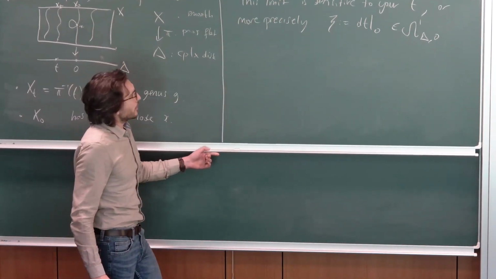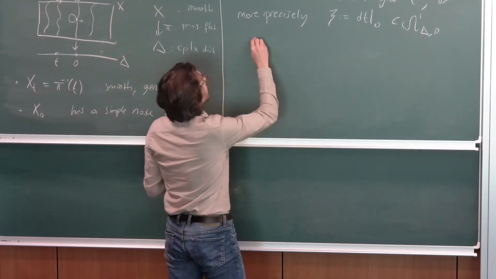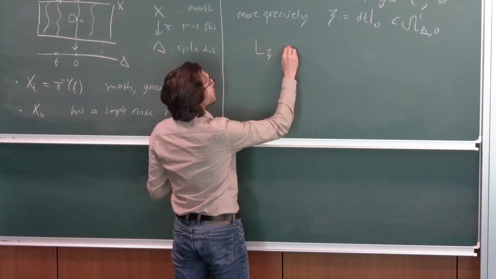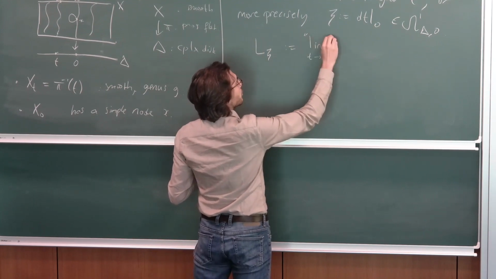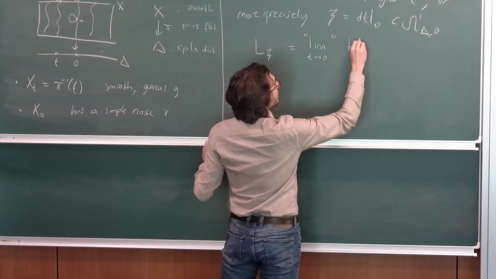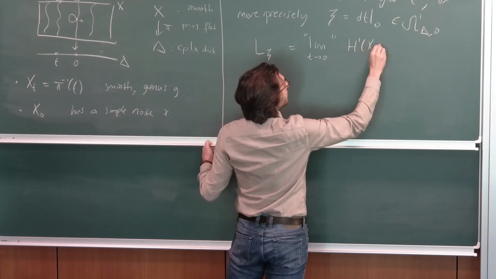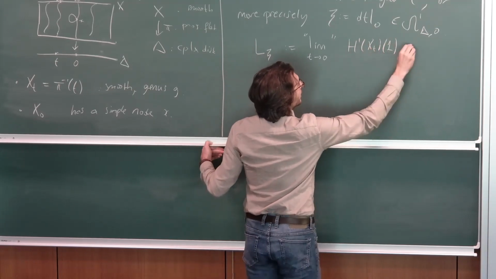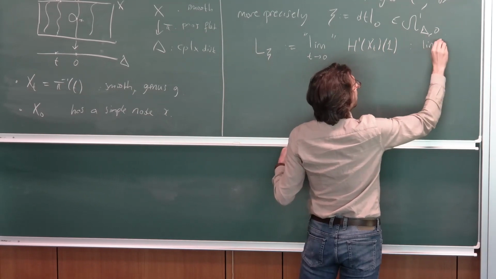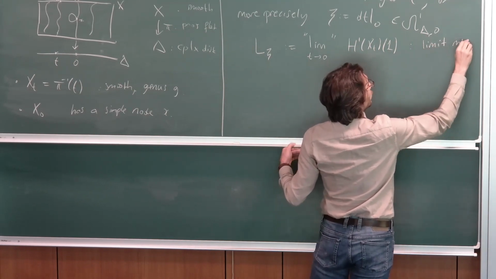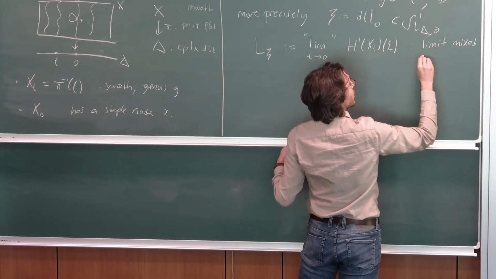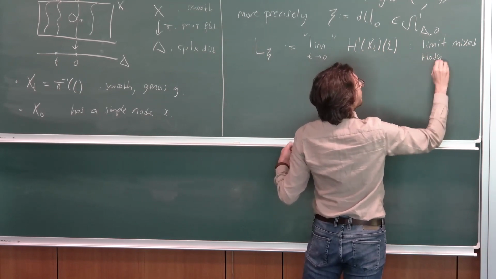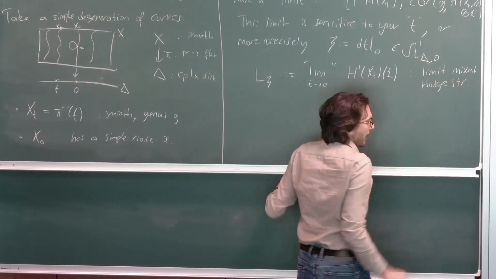All right. Now I give a name to this limit, and again, I put this limit in quotation marks. This is the limit Hodge structure. Of course, because it's a weird limit, it acquires, in fact, a mixed Hodge structure. Fine.